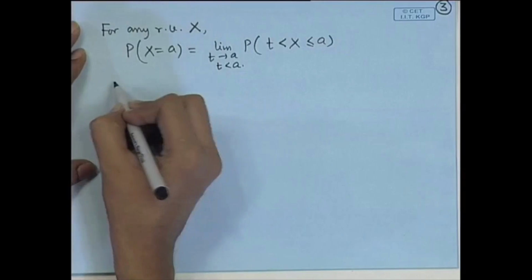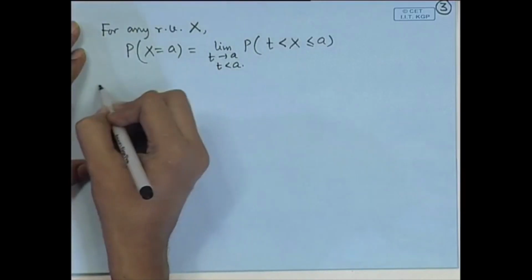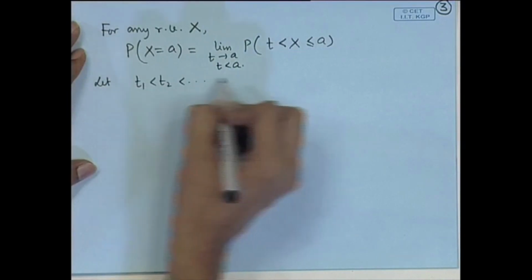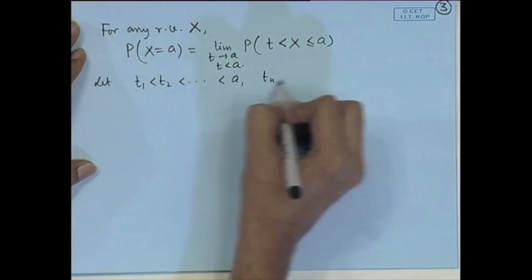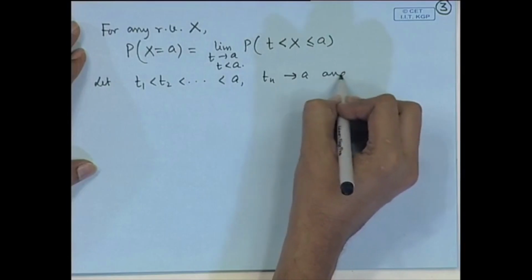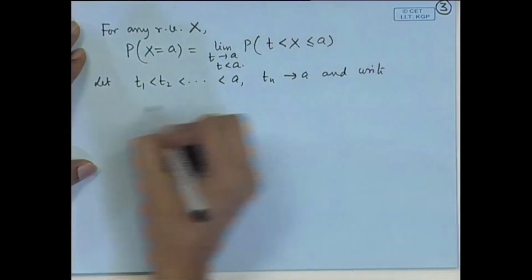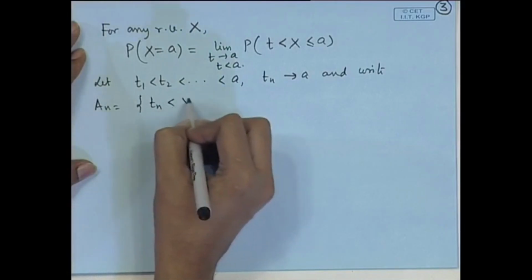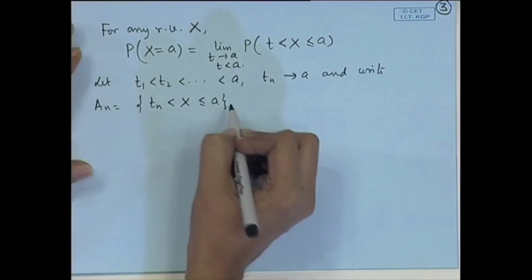Let us prove this statement. Let us consider t_1 less than t_2 and so on, t_n going to a, and write A_n to be the set that t_n is less than X less than or equal to a.